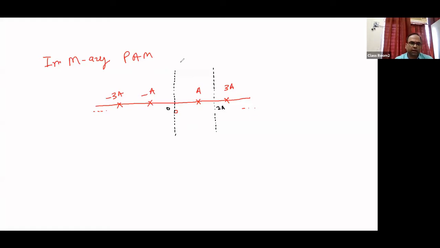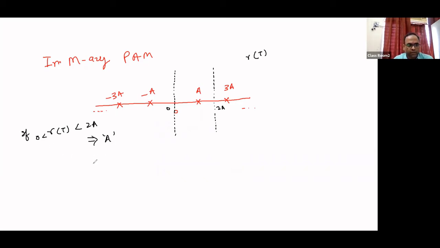The condition is that the received signal, which we have written like this, capital RT, if it lies in the range from 0 to 2A, then the detected bit should be A. So this is the correct decision.